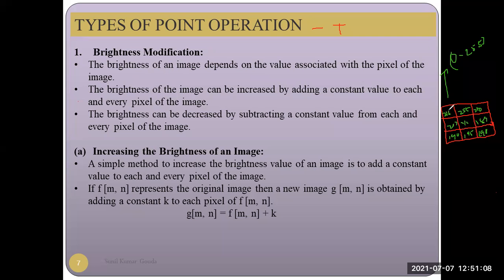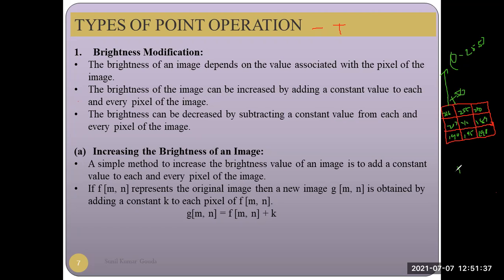Now these values particularly represent the intensity level of the pixel, or I can say the brightness of this pixel. So whenever I want to increase the brightness, I will add a certain constant value to each of these pixels, like 50.